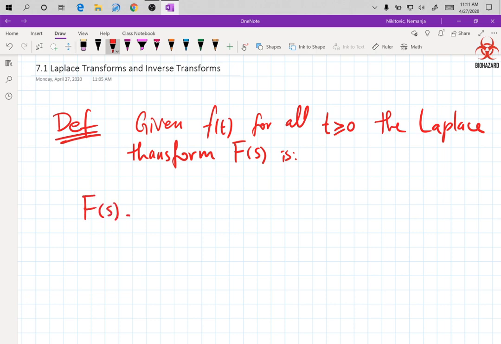F of s is the Laplace transform, the capital script L of f of t, and it is going to be the integral from a to infinity. Well, you can do 0. We can start with any value, but 0. E to the negative st times f of t dt.